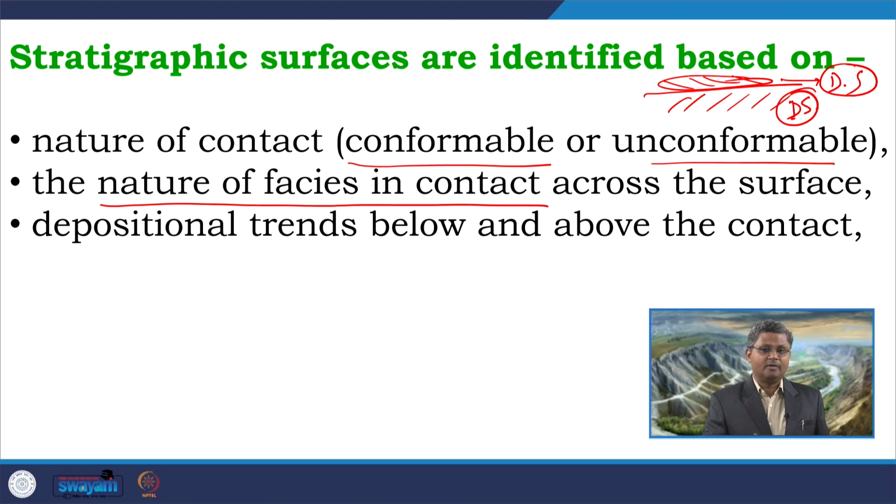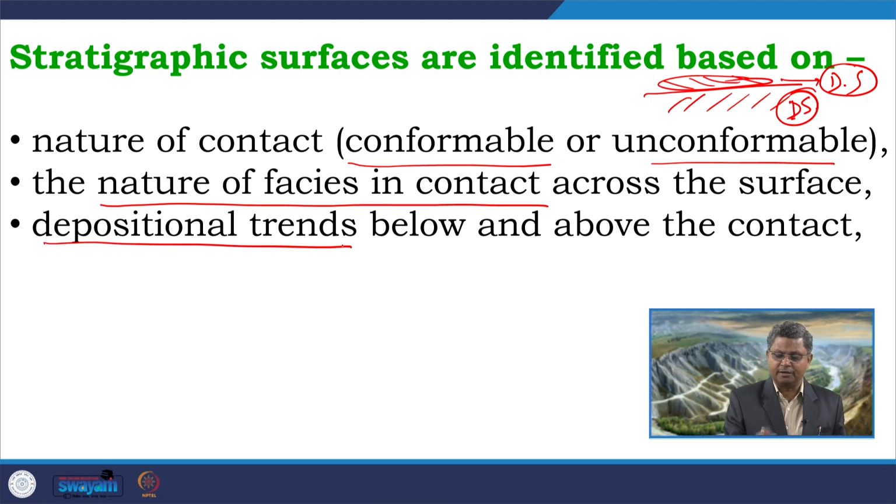Third one, again a very important point: the depositional trend below and above the contact. What is the meaning of that? If this is the surface, what is the depositional trend? That means whether it is retrogradational, a fining up, or progradational, a coarsening up.